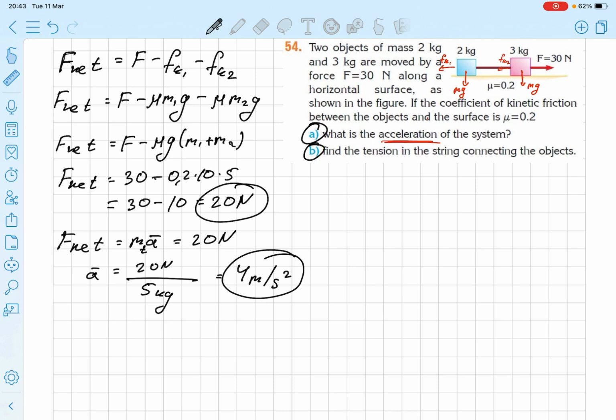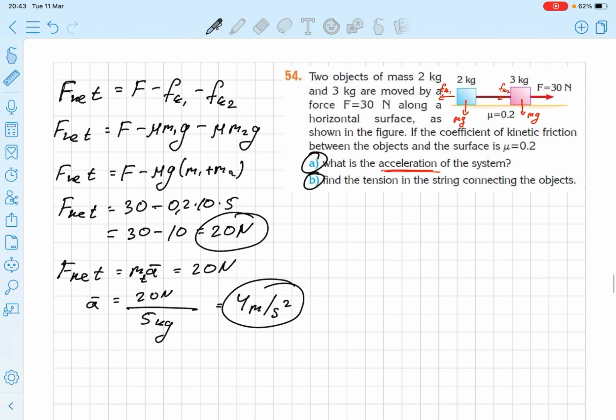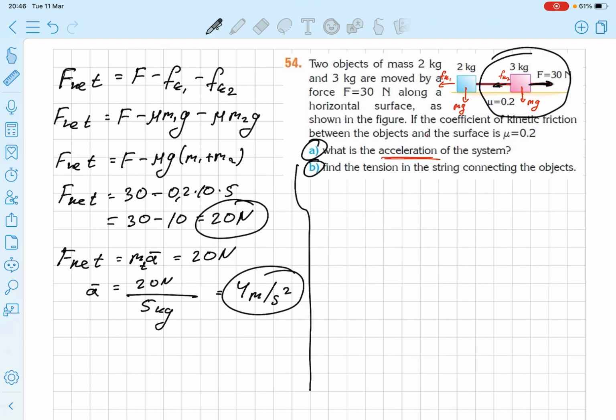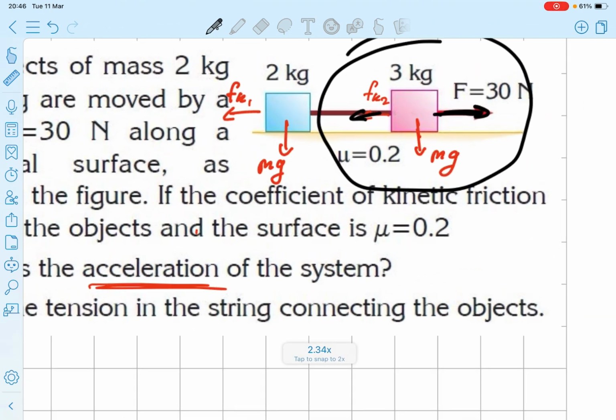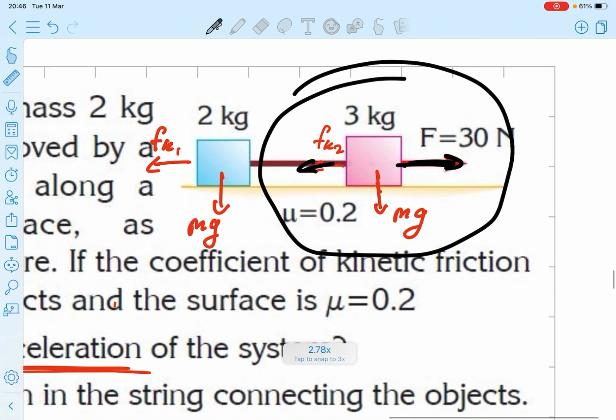Find the tension in the string connecting two objects. Here we can solve it by looking at two different objects. We can use either object, it doesn't matter. We're gonna use this one. So let's define all the forces here. It is the external force of 30 newtons firstly, and backwards it is pulled by the force of kinetic friction 2, and additionally it is pulled by this tension.